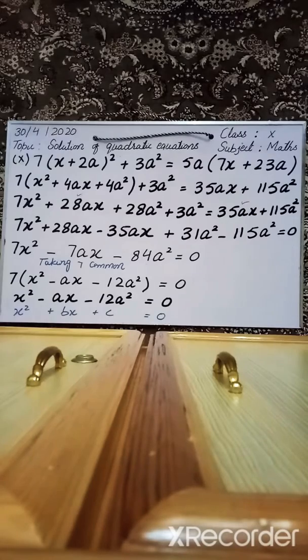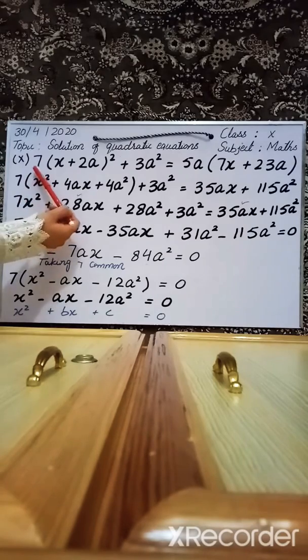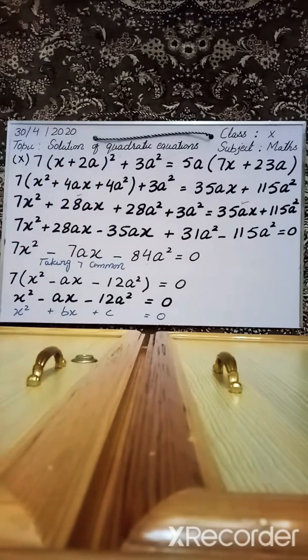Okay, let's go with question number 3, the last part, which means the 10th part, and the question is written here. We have to find the solution by the completing square method.